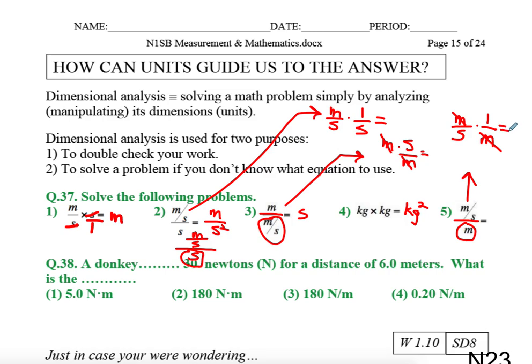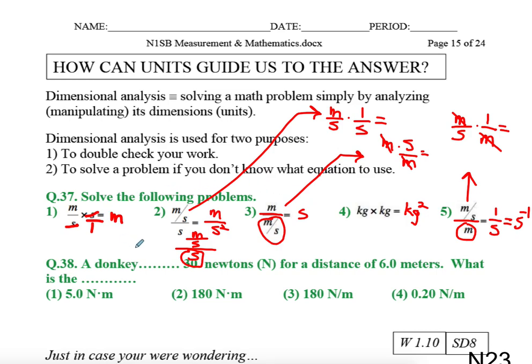You have to be very careful here. S is in the denominator, 1 is in the numerator. Those two maintain their positions. You are actually left with 1 over s. This can also be written as s raised to the minus 1. This, by the way, is a real physics unit. It's one that we rename and call the hertz. It's something we'll worry about much later in the year.